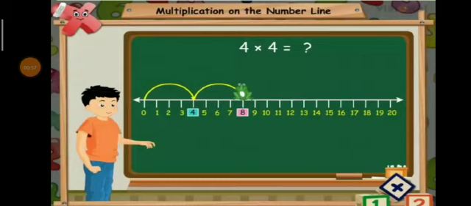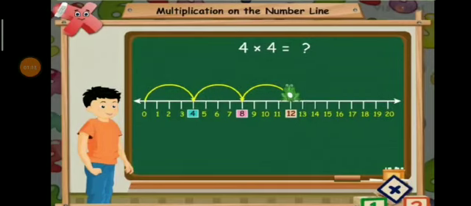So, 4 steps ahead. 1, 2, 3, 4. We will come on 8. Now, we have to take our third jump. So, again, 4 steps ahead. 1, 2, 3, 4. We will come on 12.